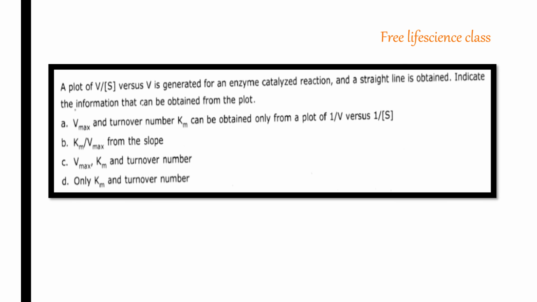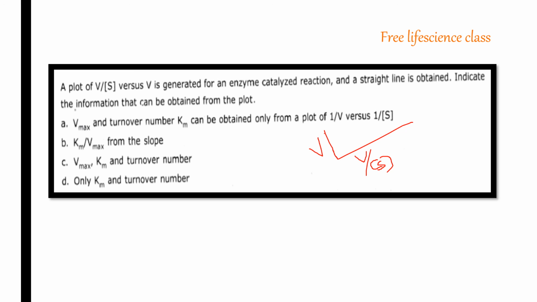A plot of velocity by substrate versus velocity is generated for an enzyme catalyzed reaction and a straight line is obtained. Indicate the information that can be obtained from the plot. So a graph of velocity by substrate versus velocity is plotted, and we get a straight line.